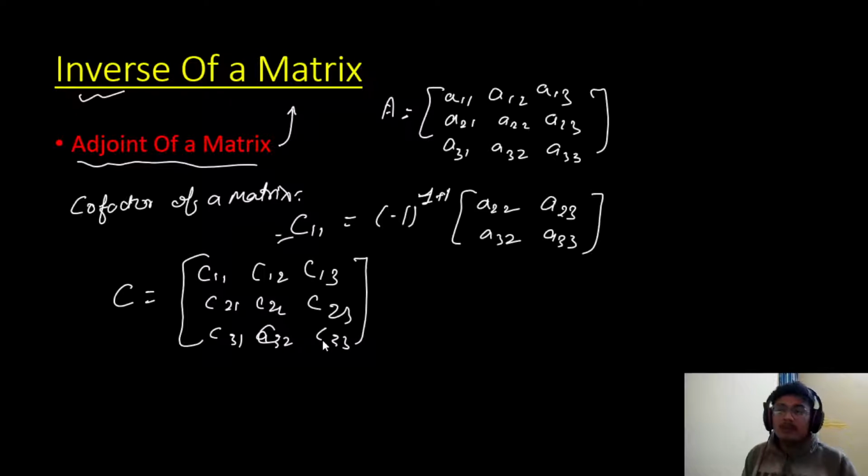After finding the cofactor matrix, we will take the transpose, and that will give us the adjoint.